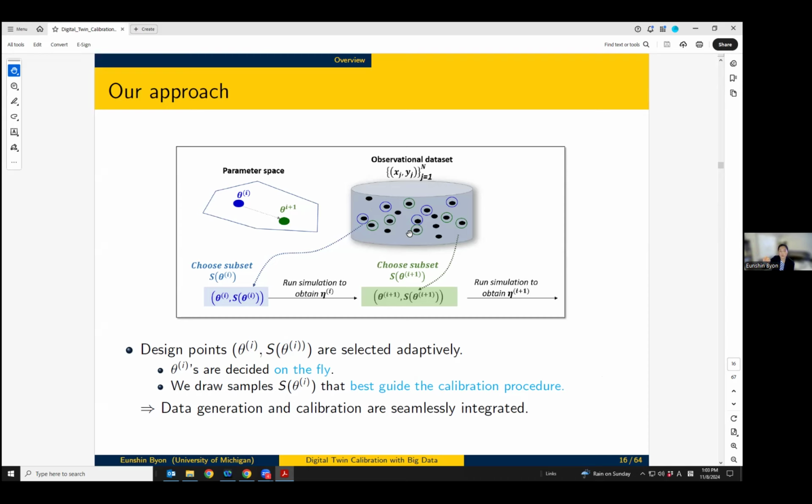We draw more samples from influential strata. That way we can choose the subset of data points that are really influential, which here means they can reduce the variance of the gradient. So we can achieve computational efficiency and more accuracy.